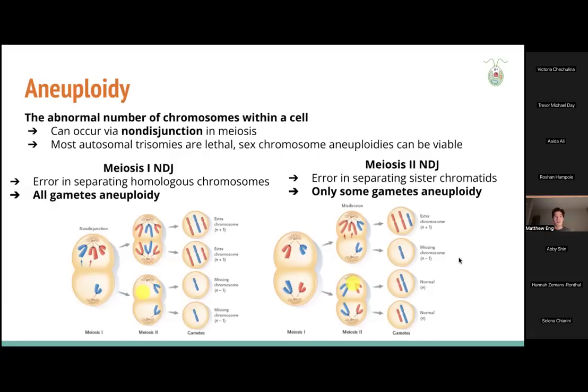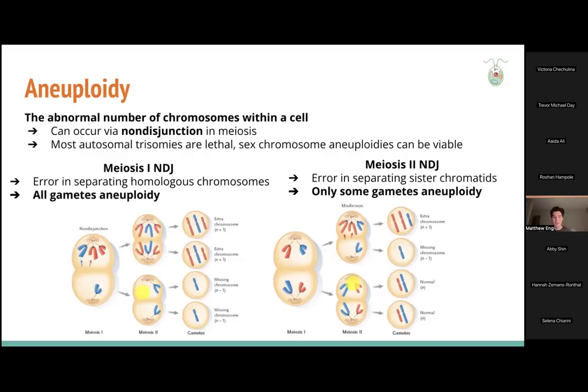And so we can have non-disjunction in two different parts during meiosis. So we have those two rounds of separation or division, right? Now we can have non-disjunction in either of those points. So during meiosis 1, what will happen is instead of those homologous pairs separating to either side, both of them will go to one side of the cell, and then the other cell won't have anything.